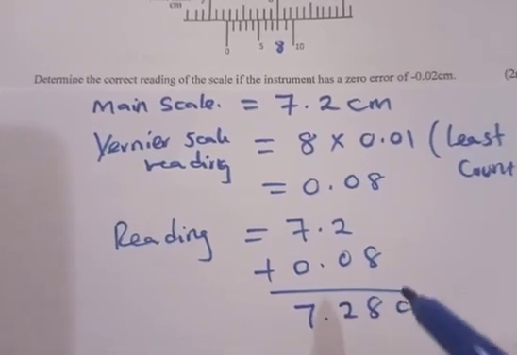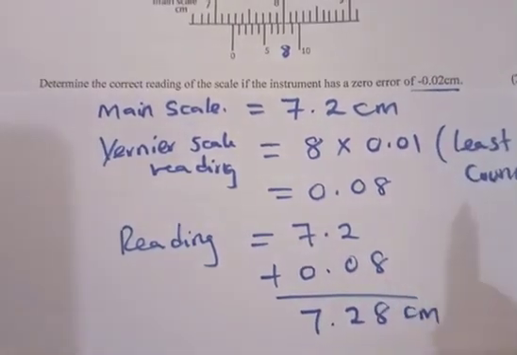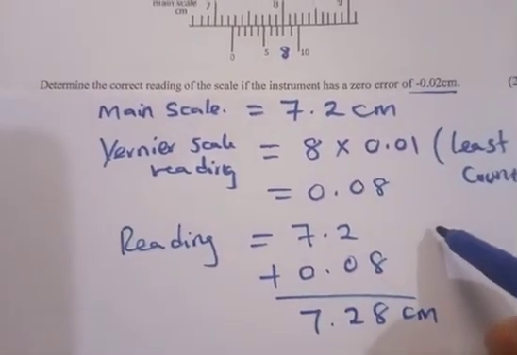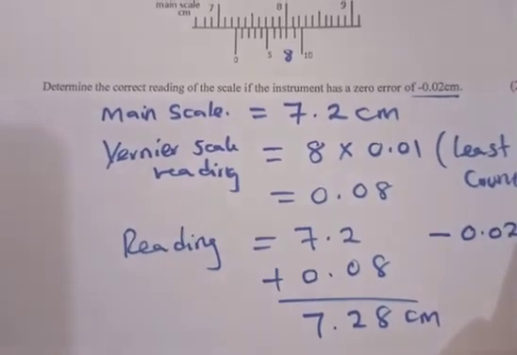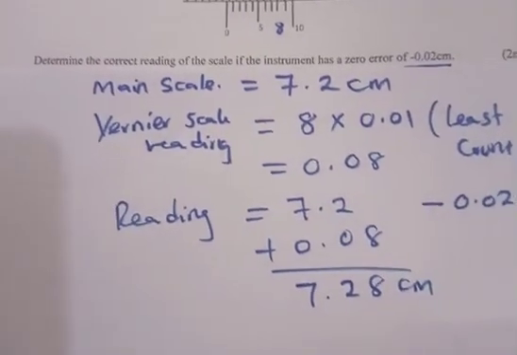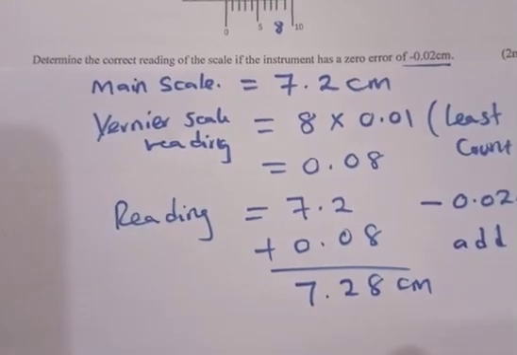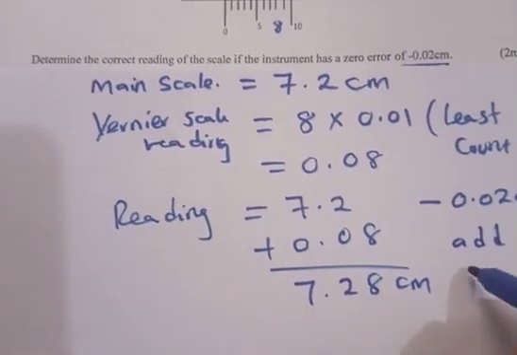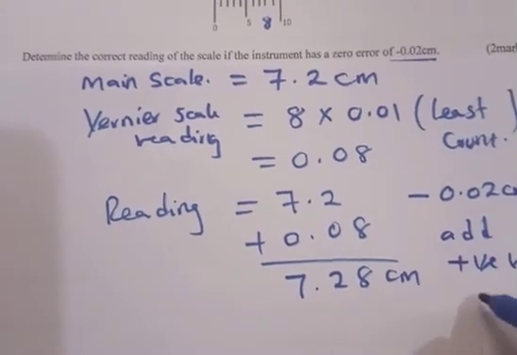But again, this instrument had a negative error of 0.02, and as I said earlier, a negative error is corrected by adding, while a positive error is corrected by subtracting. So this is a negative error, so we are going to add 0.02 to the reading that we have already obtained, and therefore we're going to add 7.28 to 0.02.